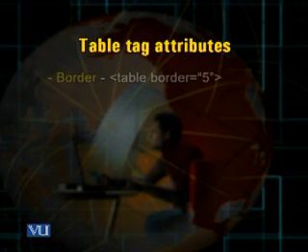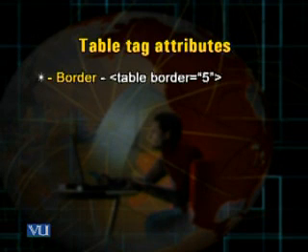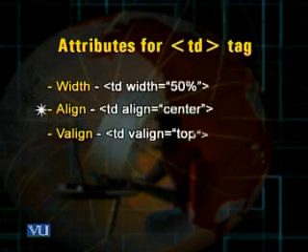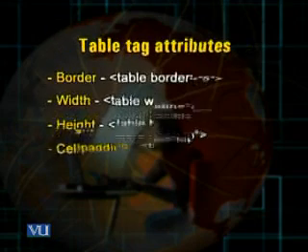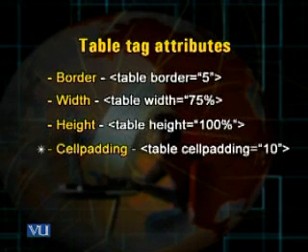Then I want to discuss with you some important attributes of the table tag. You are already familiar with the border attribute. I've already explained that using that you can get the boundaries of the table displayed. We also have the align attribute, whereby we can align the position of the table. We can align it on the left side or center or right, as the case may be. Then there is an attribute called cell padding.